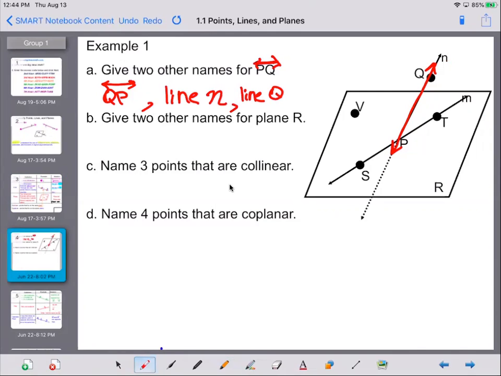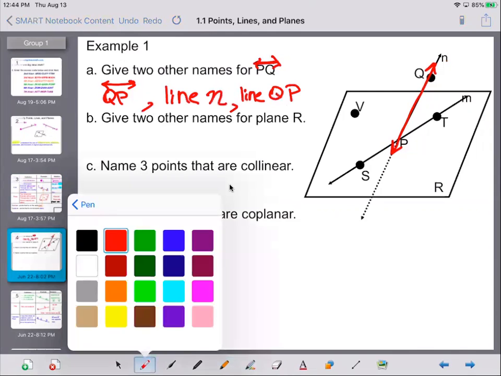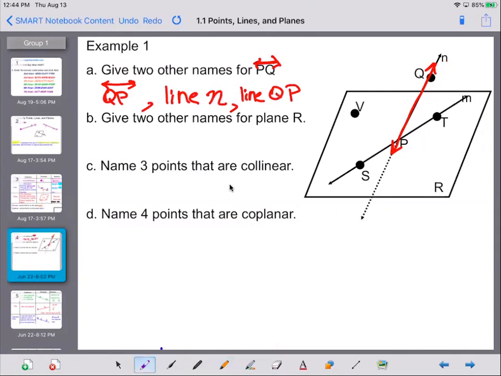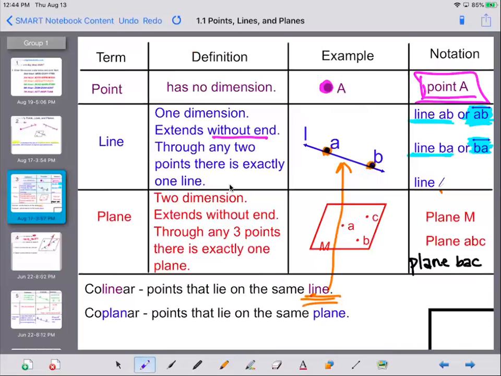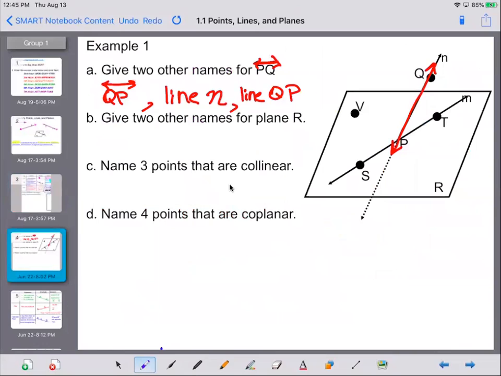All right, next question. It says give 2 other names for plane R. So if you don't remember how to name a plane, I'm going to go back. Remember down here, we talked about how to name a plane. You can say plane M or plane ABC for this one. So let's look at our example. We could say plane R, or we can say plane, and then we need 3 points.